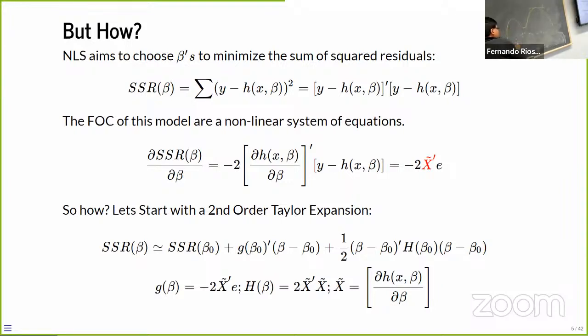Because what you're saying is that this function that I do not know can be expressed as a point of interest, the point around which I want to make the approximation, plus the derivative at that point times how far I want to look away from that point.